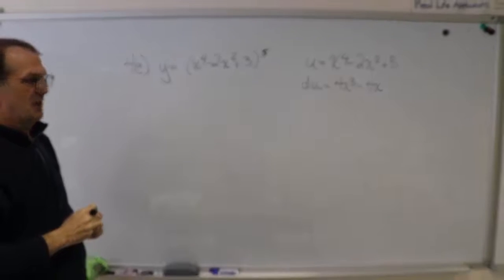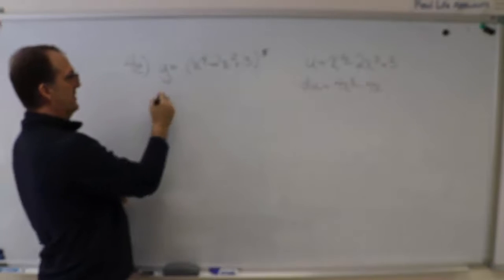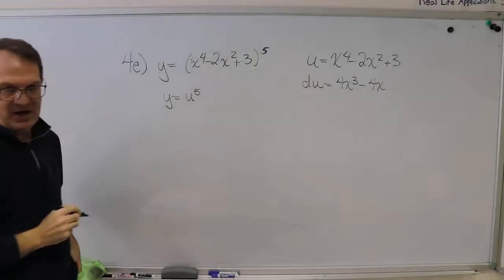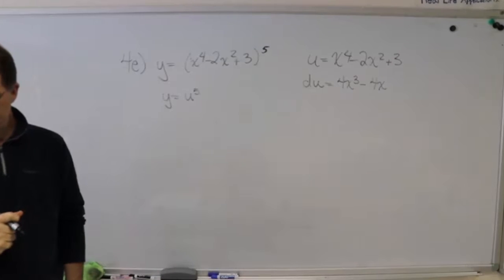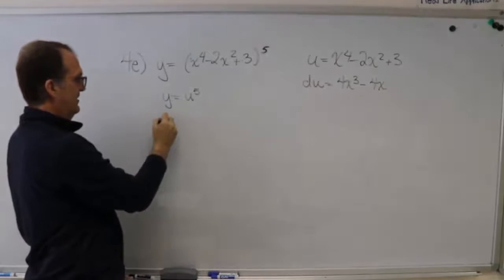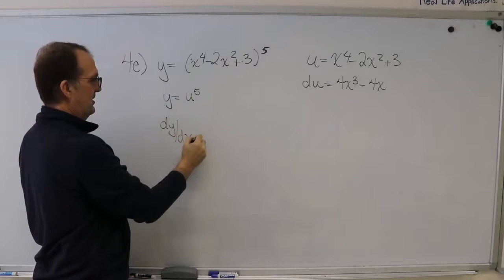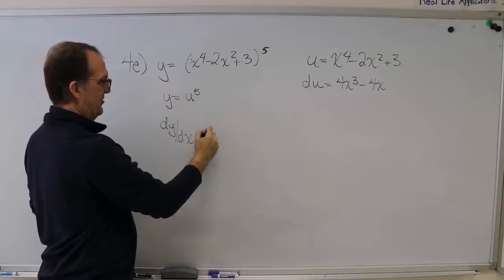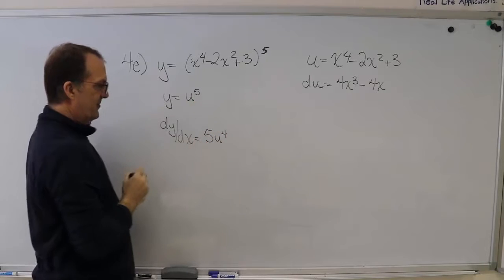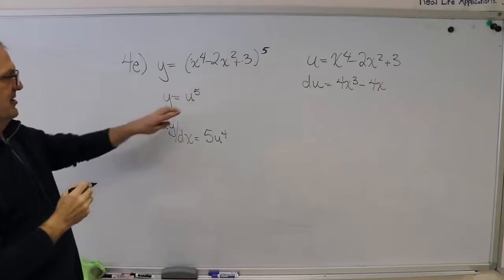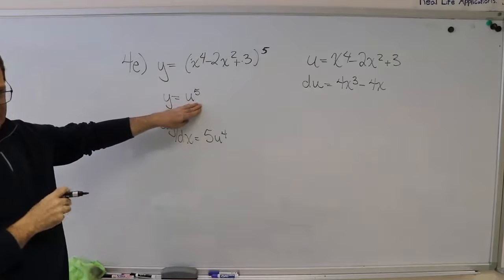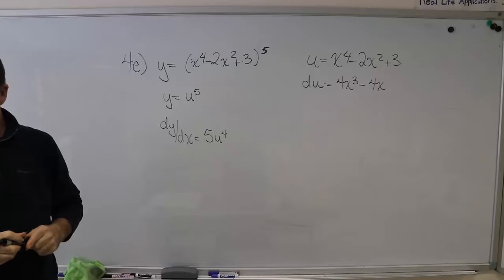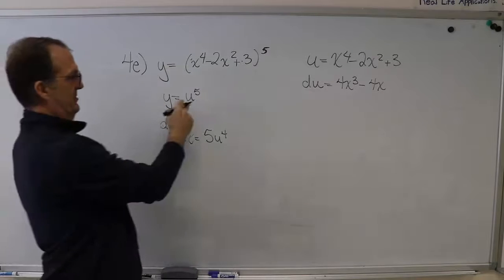All right. And then back over here, what I'm really saying is this is y equals u to the fifth power. And then when I take the derivative, the first thing I do is take the derivative of my u function, so it's 5u to the fourth. And the chain rule says it's the derivative of the big function multiplied by the derivative of the interior function.